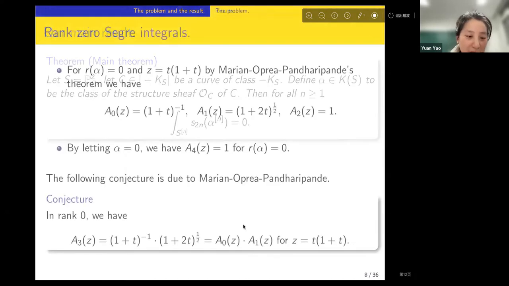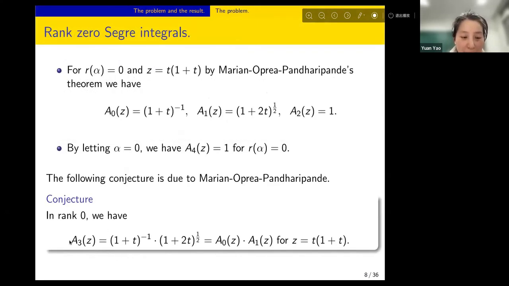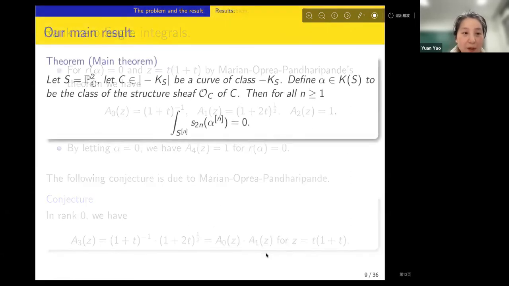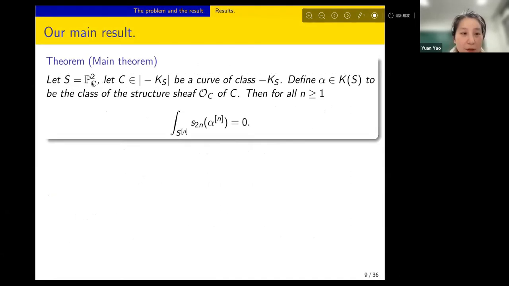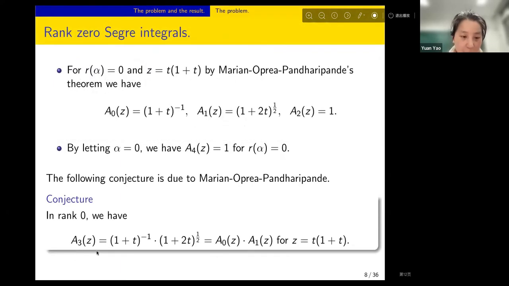So our result is we prove this conjecture. That's our main result. Since these are universal series, we only choose one surface. You fix the surface and compute the Segre series.